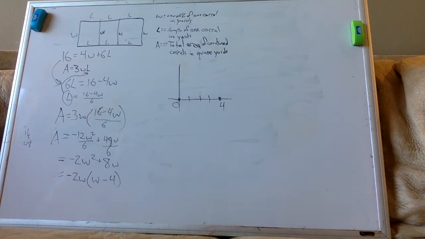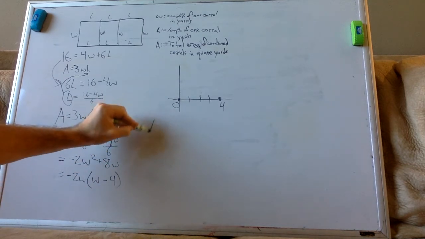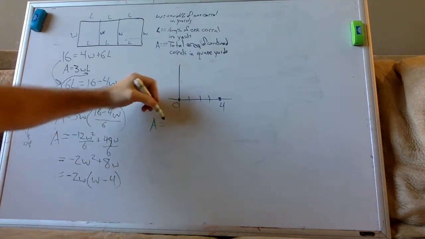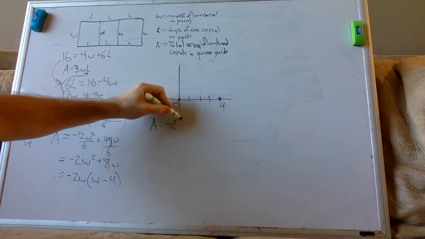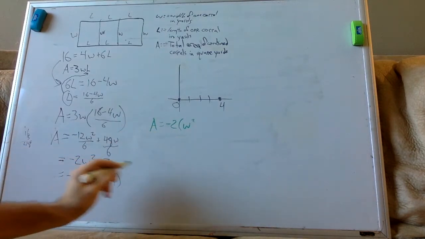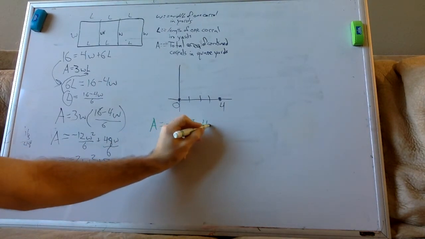The first thing I'm going to do is pull out my leading coefficient, which is my negative 2. So when I do that, I have this, and then I have the minus 4W.